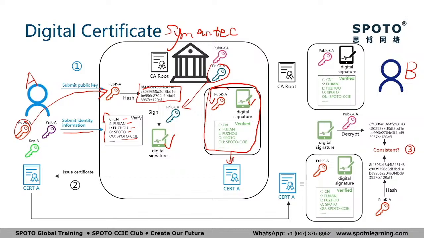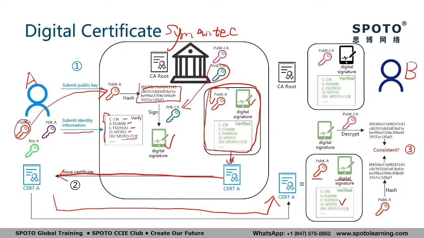Then the CA issues this certificate to user A. When user A would like to communicate with user B, user A passes its certificate to user B. The certificate contains the public key and the digital signature with information verified by the CA.